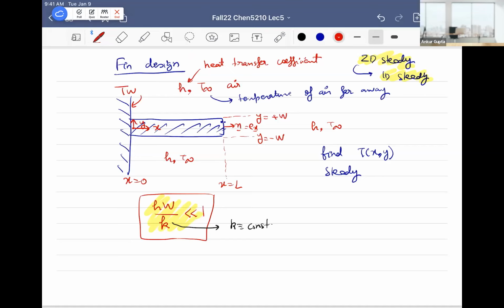Good point, but we are writing right now only the range of the domain. You're not even thinking about the airspace. That's why I mentioned it's very common that my boundary is only the solid phase boundary, that's y equal to plus W and y equal to minus W.